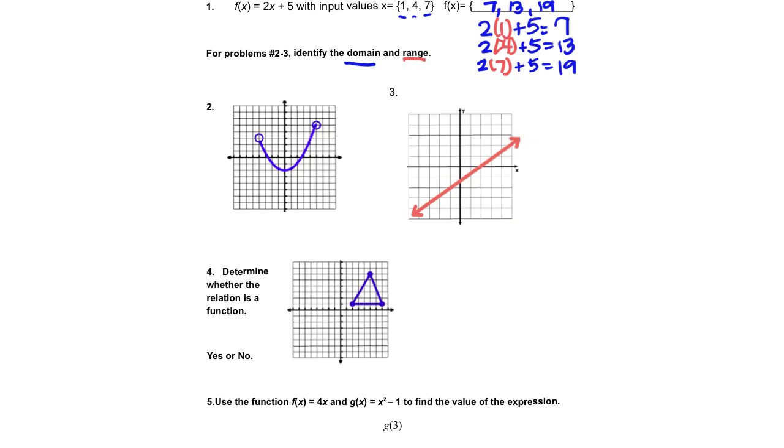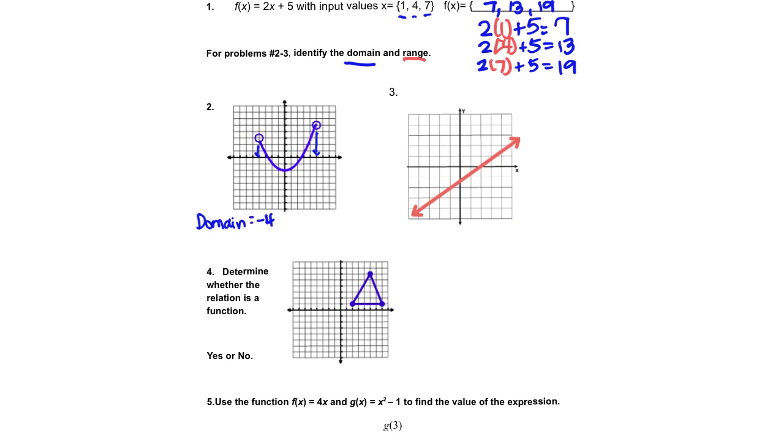Next, it says identify my domain and my range. So first I'm going to identify my domain, and that is the width of my object. So I come over here and I'm going to count -1, -2, -3, -4. So my domain is going to start at -4.